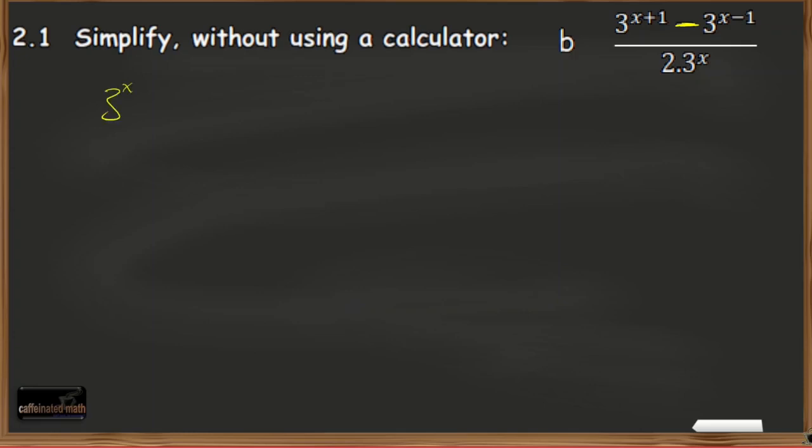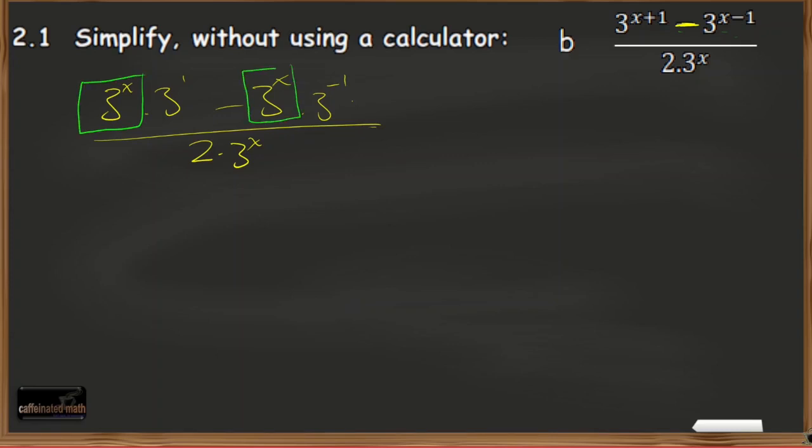So we have 3 to the power x and 3 to the power 1 minus 3 to the power x multiplied by 3 to the power minus 1, all divided by 2 times 3 to the power x. Well, the idea here is because we have 2 separate terms, we need to group one term. And for that, our main tool is always factorization.